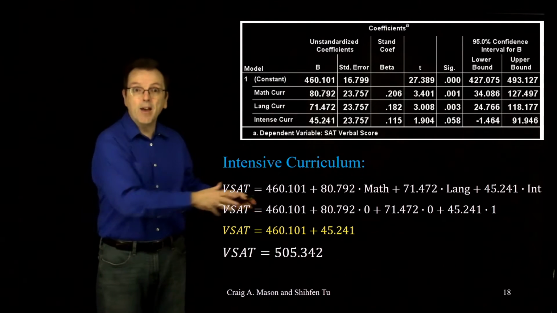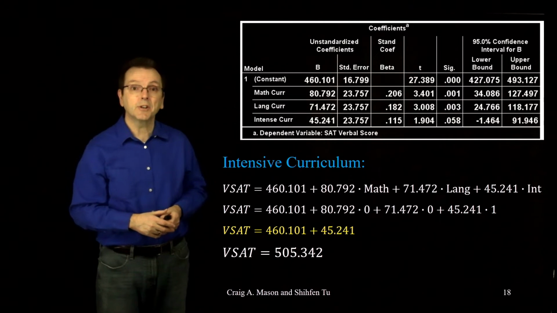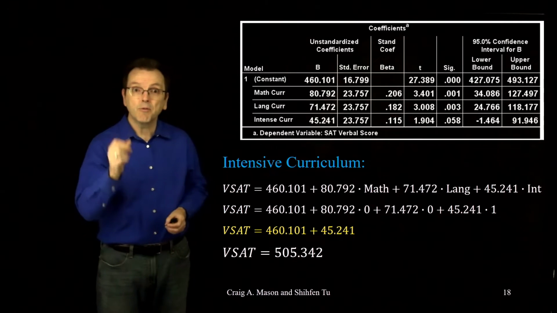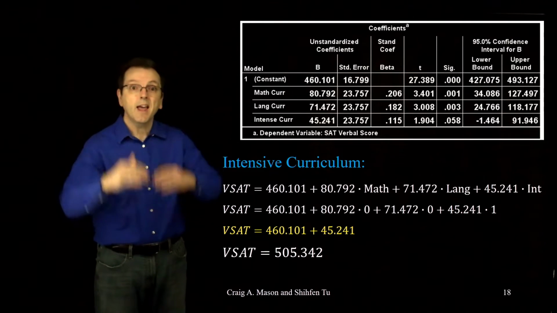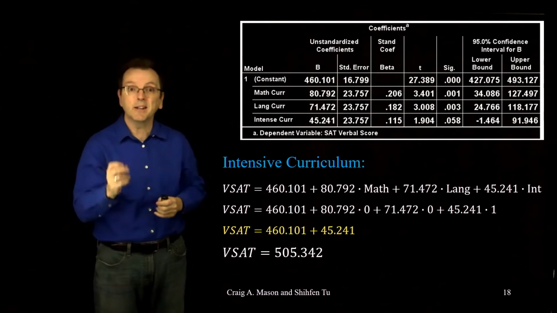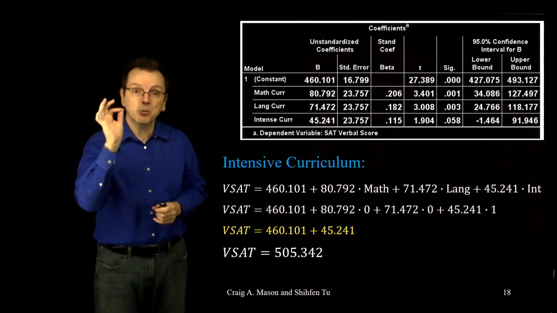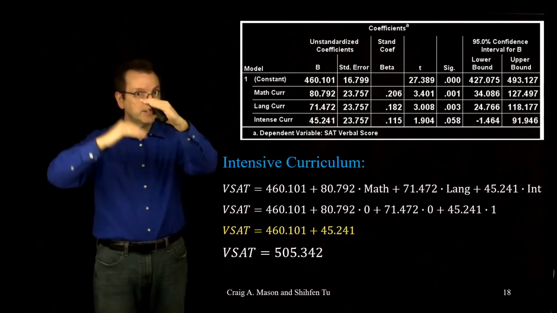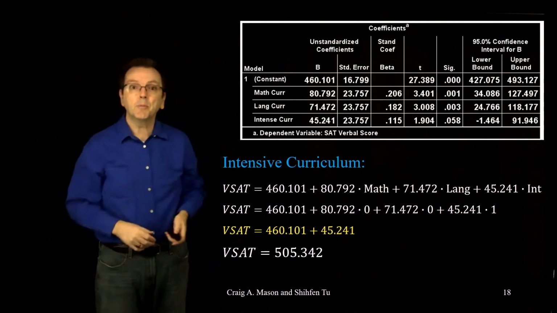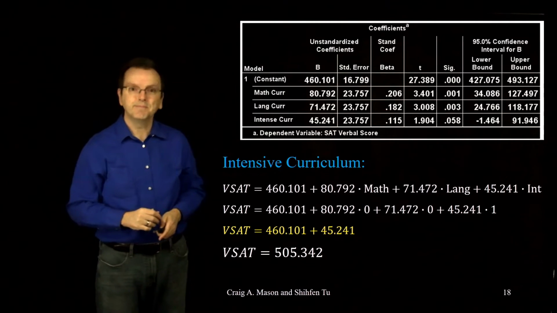Which is the value of the intensive curriculum coefficient. With dummy coding, that coefficient, 45.241, is how much higher or lower the intensive curriculum mean is relative to the referent group, which in this analysis is our standard curriculum.